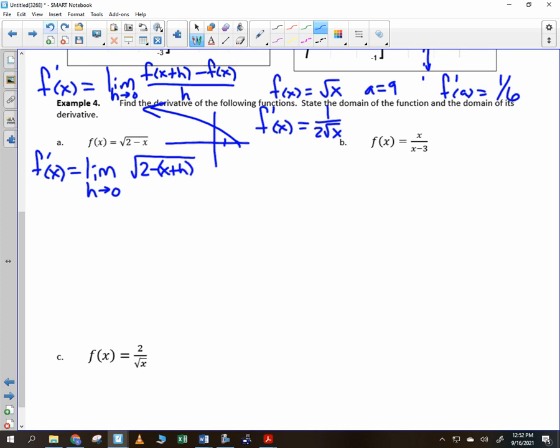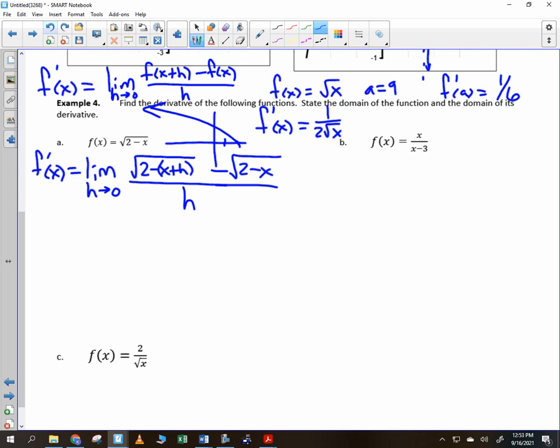Remember to distribute the negative all the way through, so I wrote parentheses there. It says minus the function. What is the function? Square root of 2 minus x, all over h.